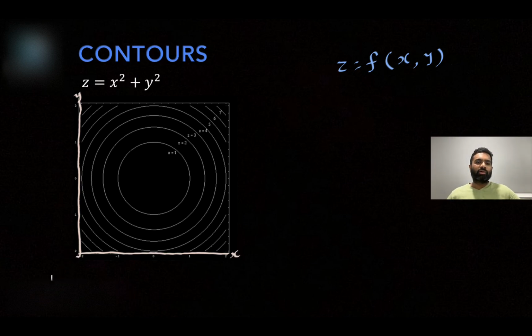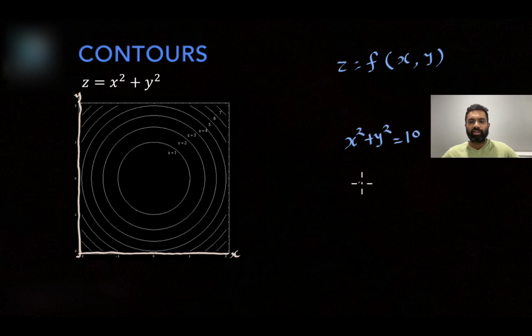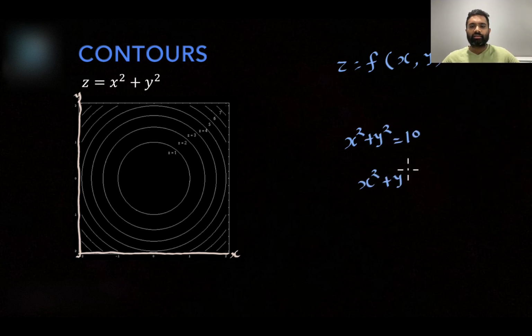Now I am considering all the points where the function value is the same. If you equate x square plus y square to a constant, x square plus y square equal to 10, x square plus y square equal to 15, all these are equations of a circle with higher and higher radius. So let's say I equate it with x square plus y square equal to 1.